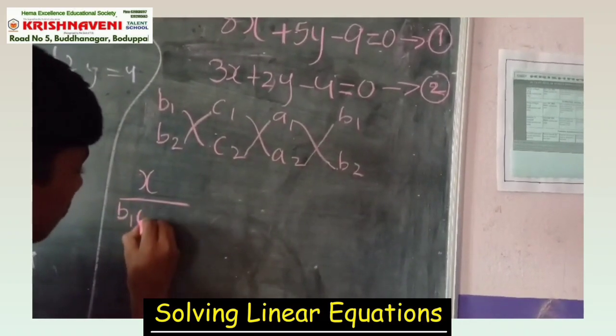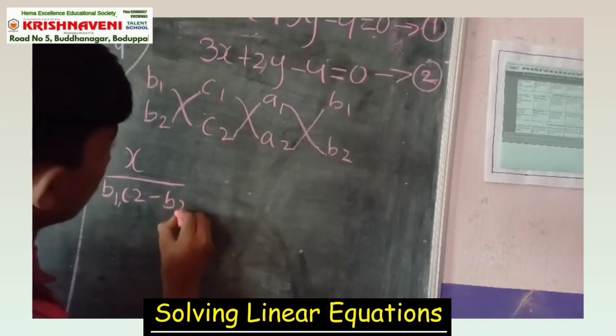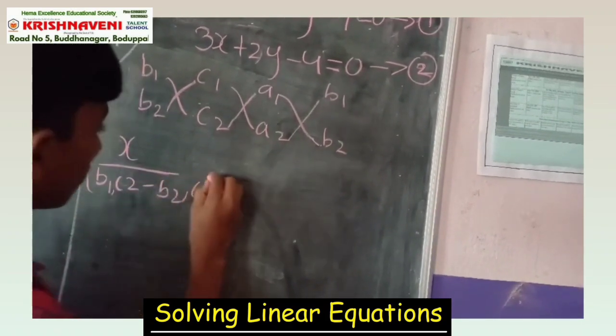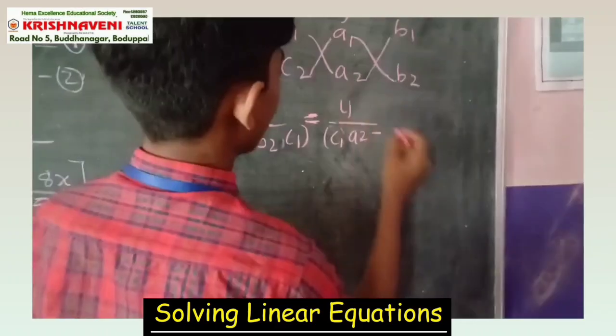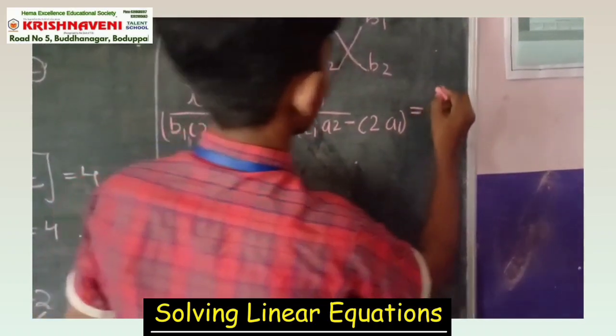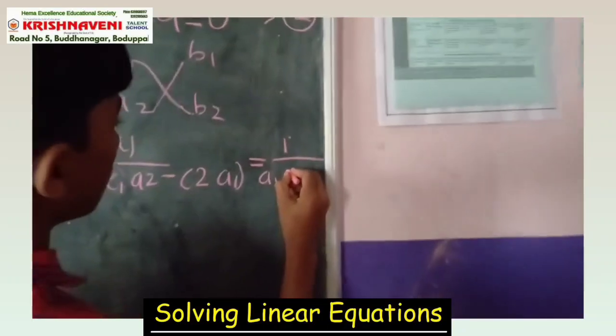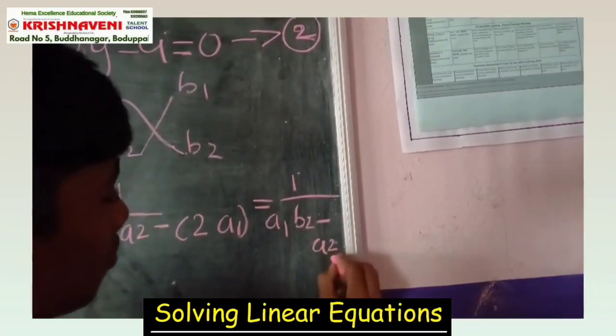x by B1 C2 minus B2 C1, y by C1 A2 minus C2 A1, is equal to 1 by A1 B2 minus A2 B1.